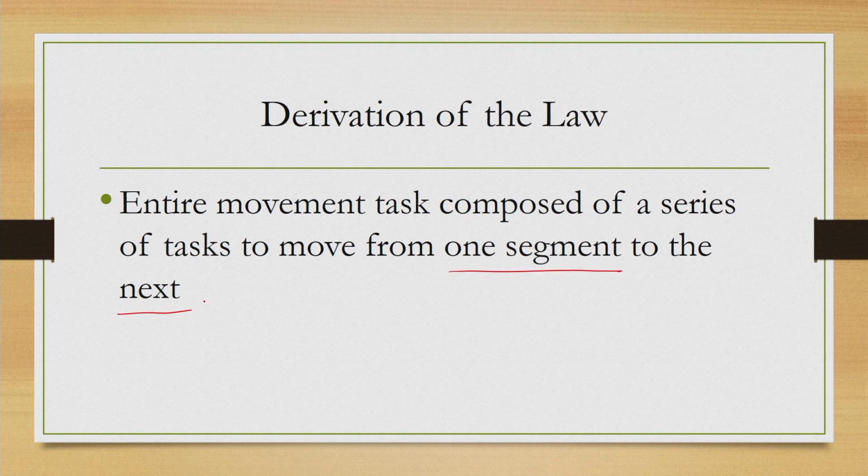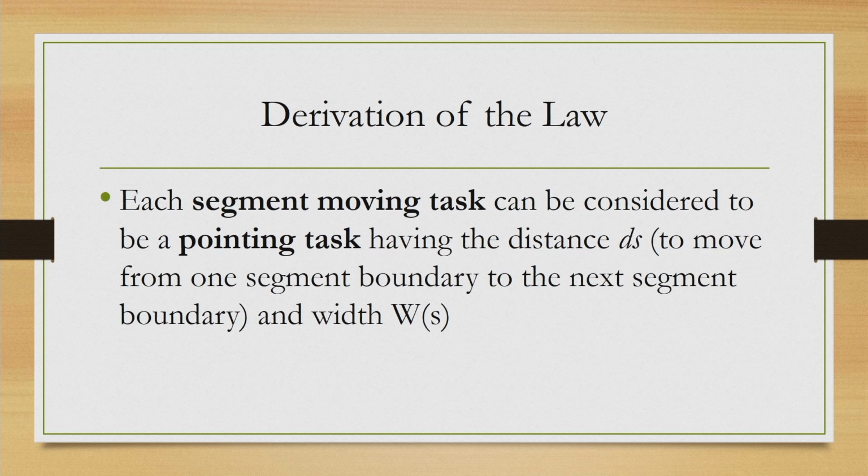Now, this is nothing but a simple movement task. In that case, we can consider each segment moving task, that is movement from one segment to the next, as a pointing task where the distance is ds and the width of the target is ws.